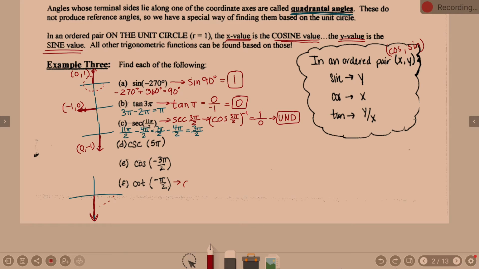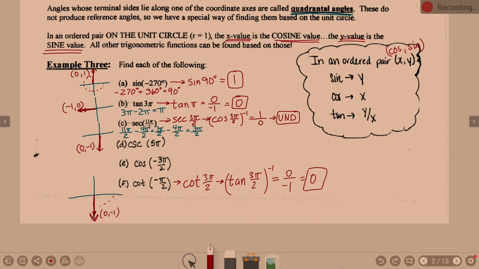So we're really asking ourselves for the cotangent of 3 pi over 2 if you want, which means I really need the reciprocal of tangent. Now, what's the ordered pair down here? Well, same one we just had: left to right 0, down 1. How do we do tangent? Y over x. So what am I going to do for cotangent? X over y. And so x over y is going to be 0 over negative 1, or 0.